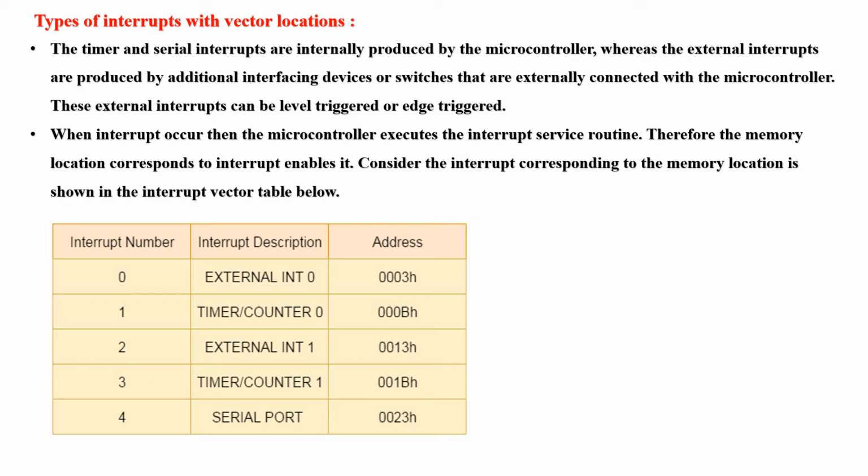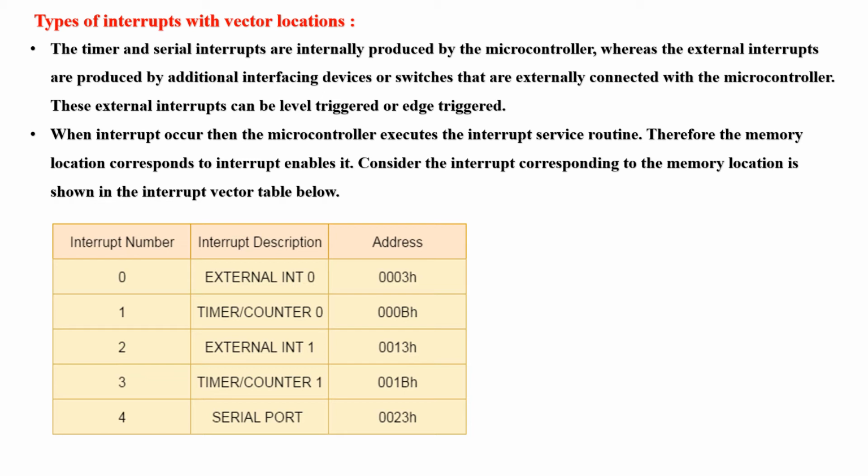External interrupt 0 is used with its vector location 0003H. Next is timer counter 0, with vector location 000BH.